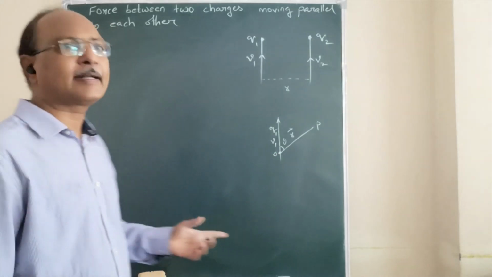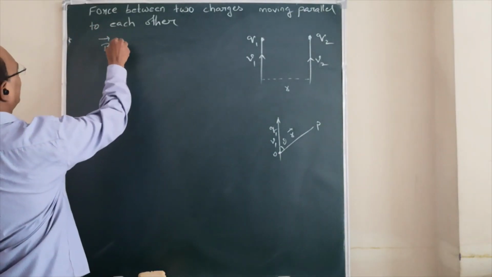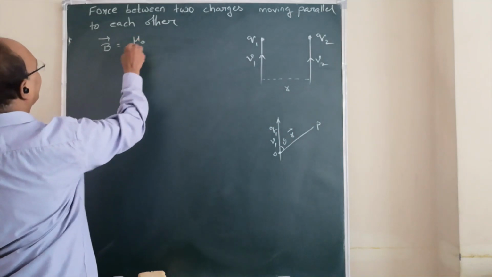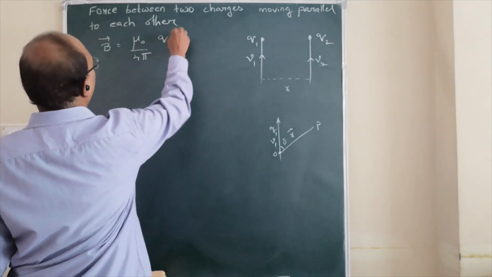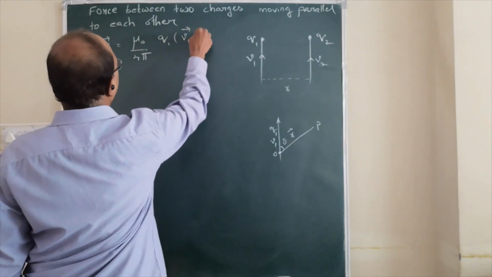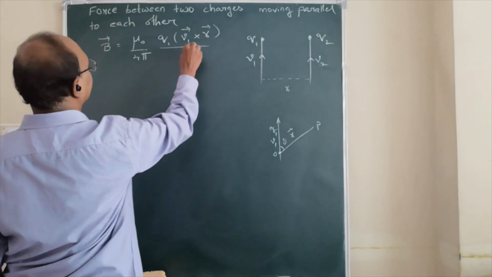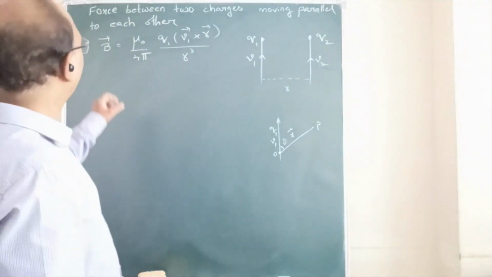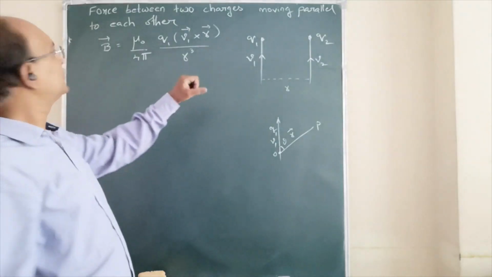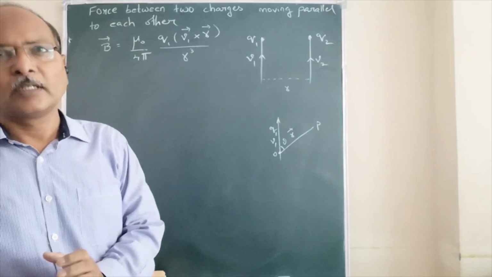So using the Biot-Savart law, I can write B is equal to mu naught by 4 pi Q1 V1 cross R by R cube. So using the Biot-Savart law, we are finding the strength of the magnetic field. So mu naught by 4 pi Q1 into V cross R by R cube.